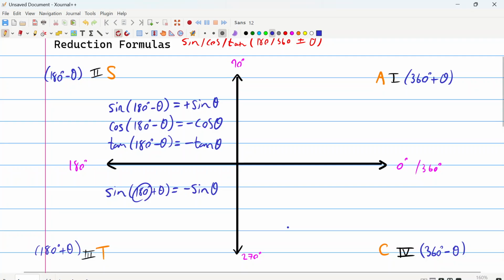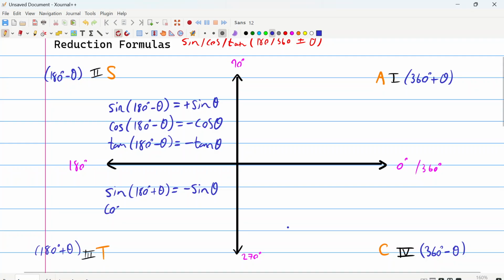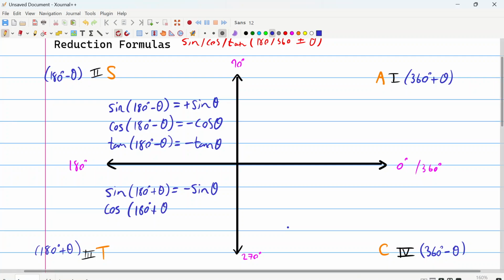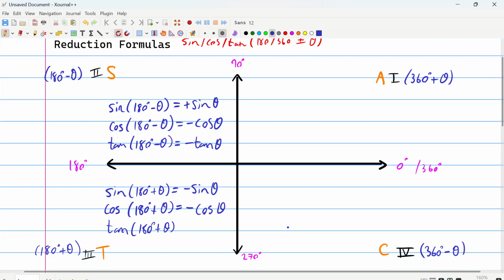We reduce the angle and we keep theta. Then we work with cos of 180 degrees plus theta. This is just going to be negative cos theta. Why? Because it is in tan's quadrant. So that means that tangent of 180 plus theta must be equal to positive tan theta.